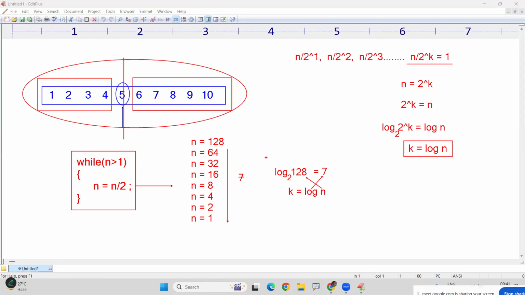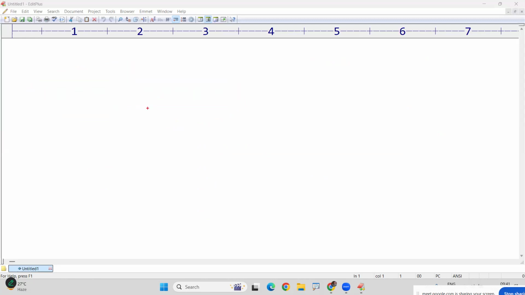And suppose I take this one: while n is greater than 1, you can take, but only for explanation, I am reducing just one iteration. Suppose n becomes the square root of n. Square root means 1 by 2 power 1.